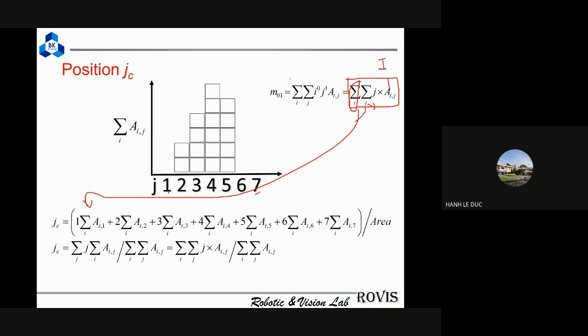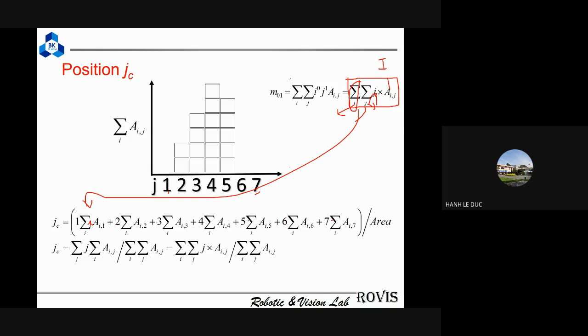Just replace J here: 1 multiply, and then 2, 3, 4, 5, 6, 7. Then we vary the I index.